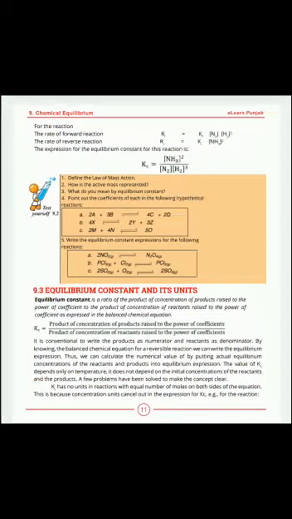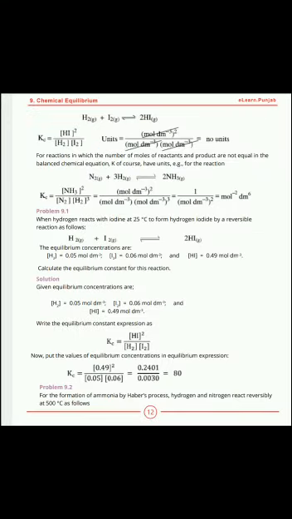If there are different numbers of moles on both sides of the equation, then there will be a unit for Kc. This is because concentration units cancel out in the expression for Kc if they have equal number of moles.